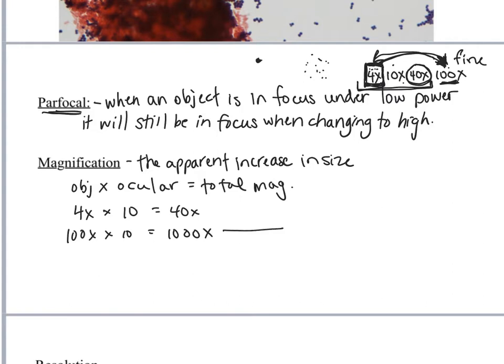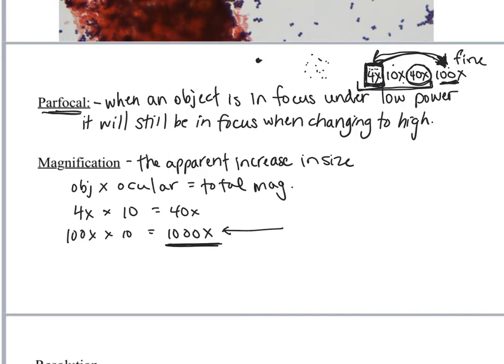So when I say in class, hey, find your cells, I always want you to find it under that oil immersion because they really don't look like much unless we bounce it up to that highest power.